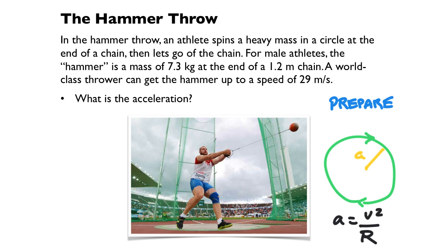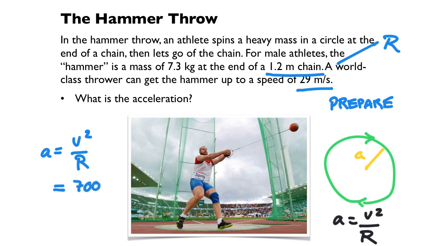So let's go ahead and do it. The thing is moving in a circle, and let's assume the radius of the circle is equal to the length of the chain, so I can take that as my r. It's moving at a speed of 29 meters per second. The acceleration is equal to v squared divided by r, and if we calculate, we get an acceleration of 700 meters per second squared, which is kind of crazy.